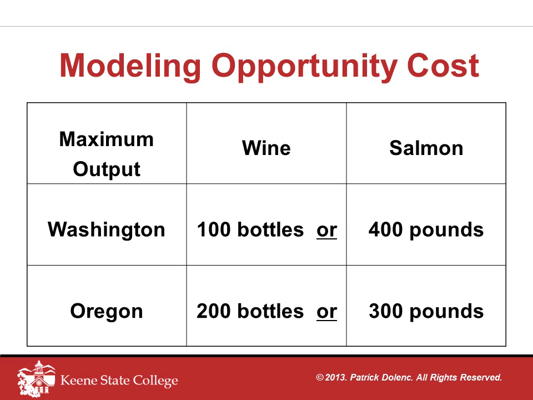Our next task is to construct what's known as a production possibility graph. The production possibilities graph is used to capture the opportunity cost of the 2 different activities. And indeed, we now have a second reason for simplifying our example to only 2 productive activities.